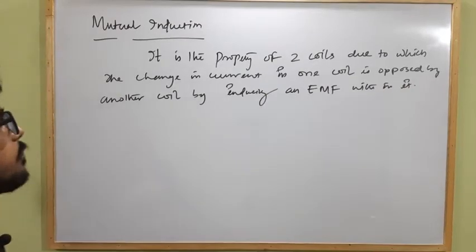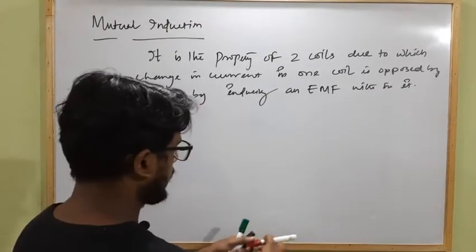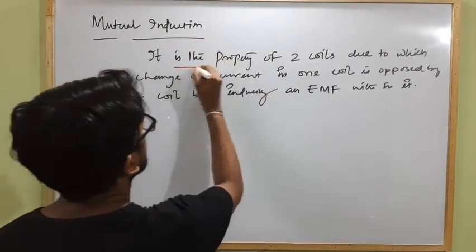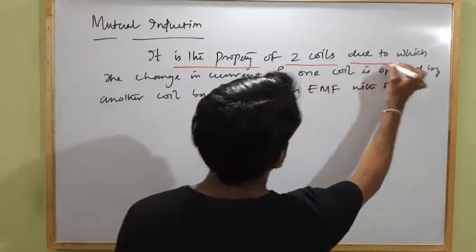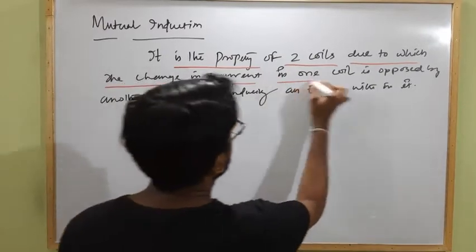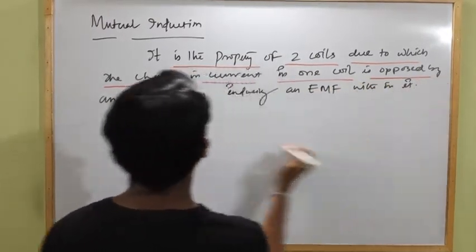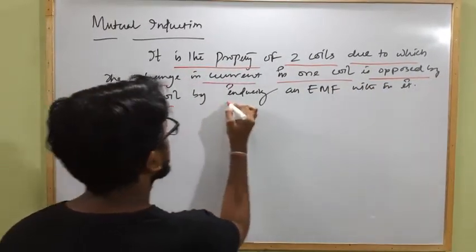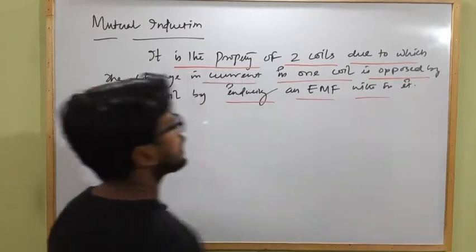Clear? So mutual induction is the property of two coils due to which the change in current in one coil is opposed by another coil by inducing an EMF within it.